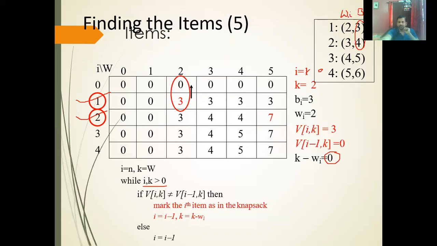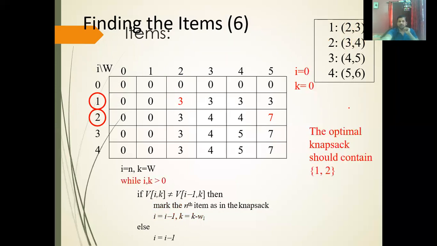And the summation of these two weights is also less than or equal to the size of your knapsack W. So this is how we determine which items we need to consider to yield the maximum benefit or the maximum profit.